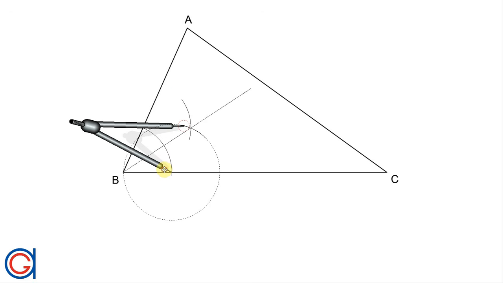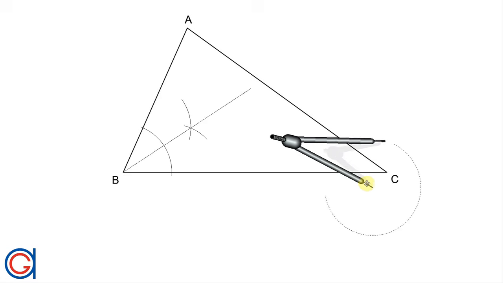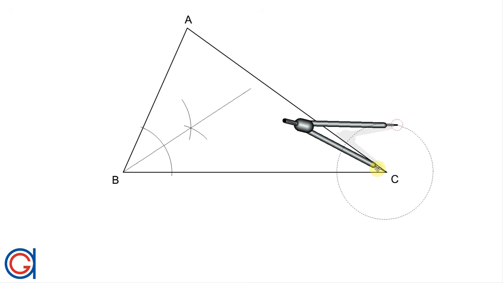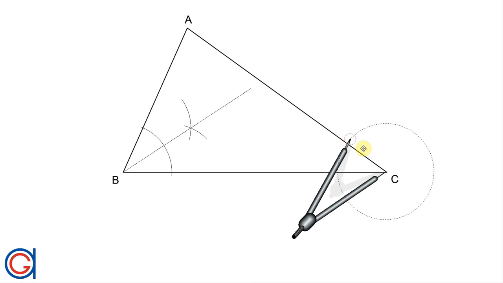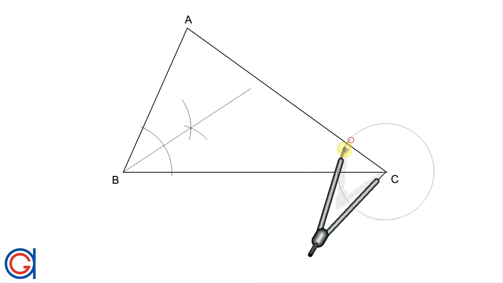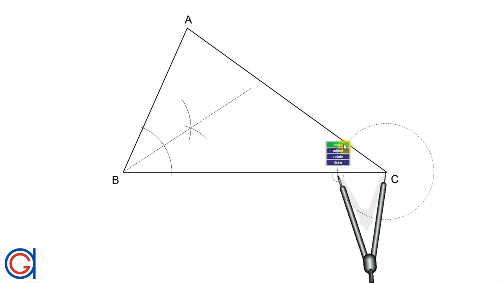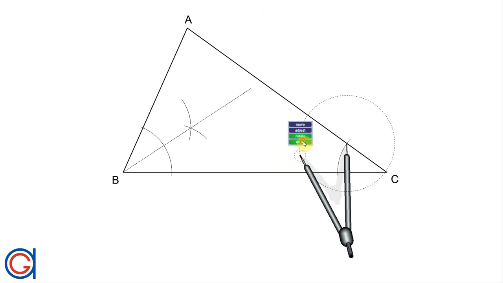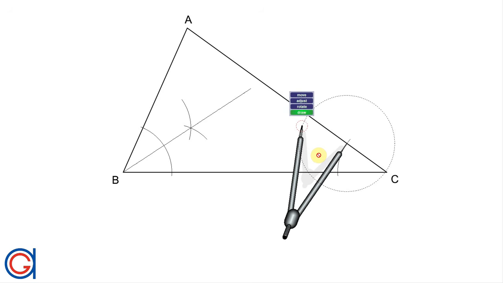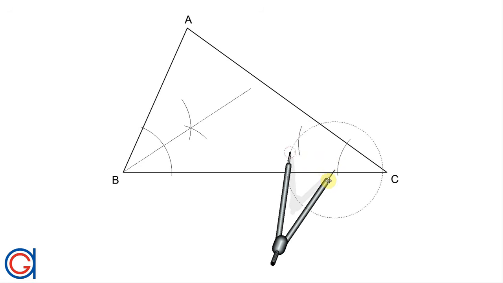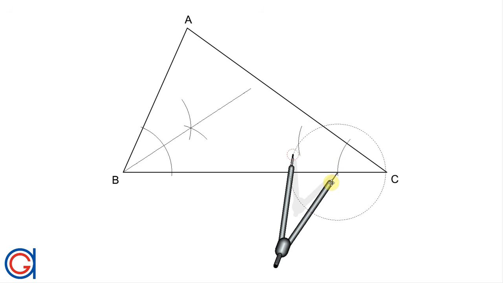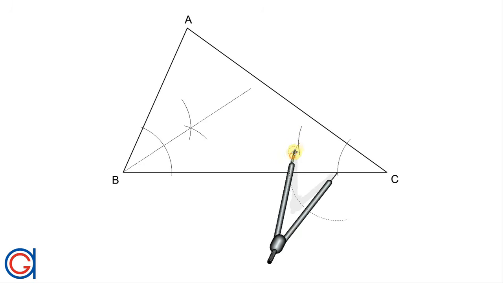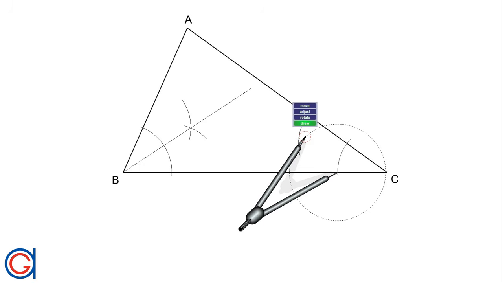So now again with the same radius as before, setting our compass on angle C, we scribe an arc until it cuts the other two sides of the triangle as shown. And with the same radius, setting our compass on the intersection, we scribe an arc to the left. And now setting the compass on the other intersection point, we scribe another arc to intersect our previously scribed arc.